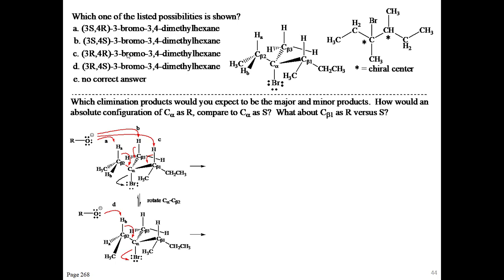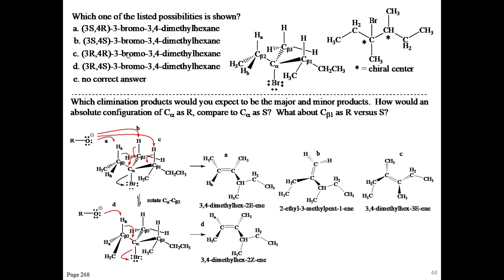So that's the 4 possible products we could get. We could take a look at them over here. A would be this attack here. B would be attack in the back, and notice they're both hydrogens, so there's not going to be any E or Z on this one. And then C would be attack at the methine carbon, and so that would put the groups like this.